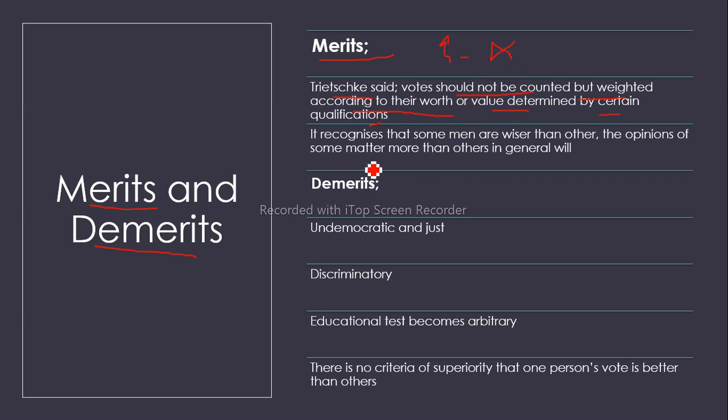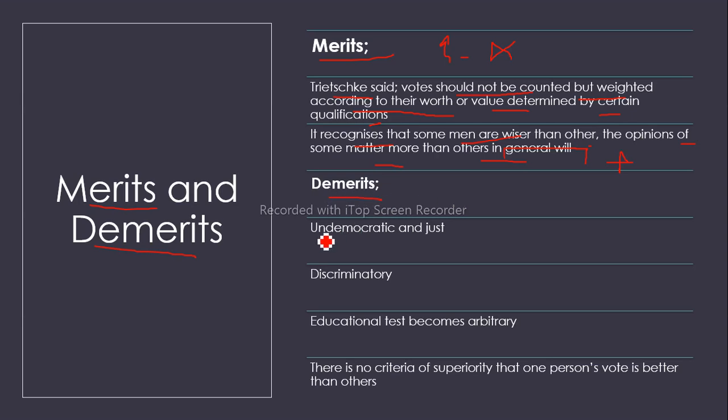Because plural or weighted voting also recognizes the fact that some men are wiser than others, that the opinions of some people matter more than others in the general will. General will is actually the sum total of the will of the people. So it means that some people are more fit, more intelligent, more able to elect and choose their representative as compared to other people. So these are the merits of plural or weighted voting.